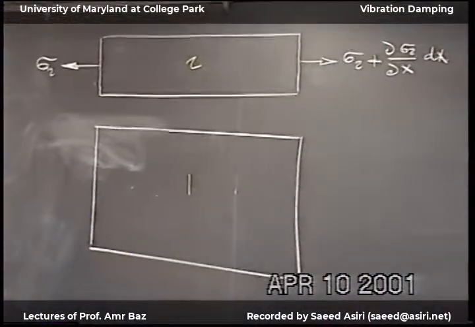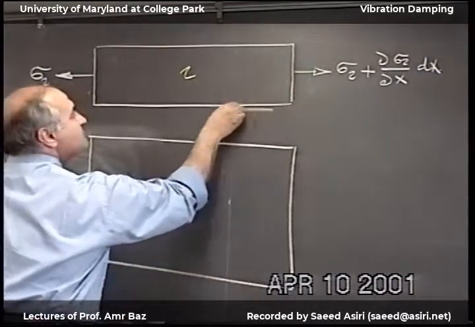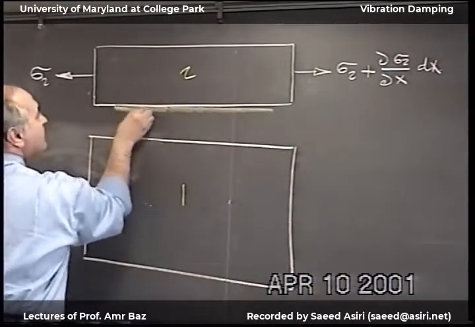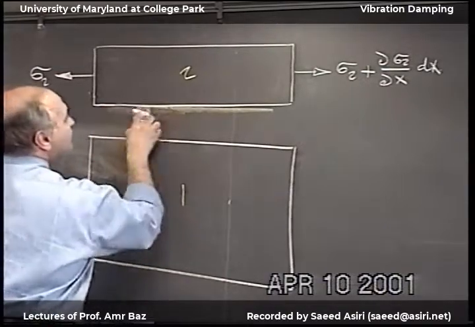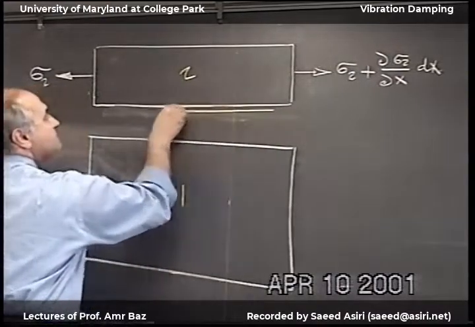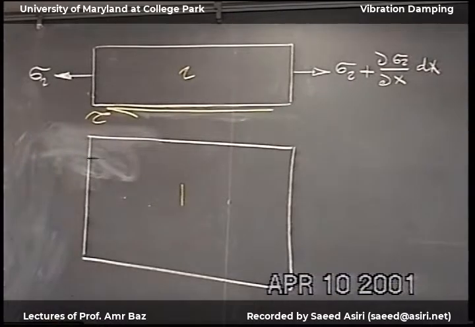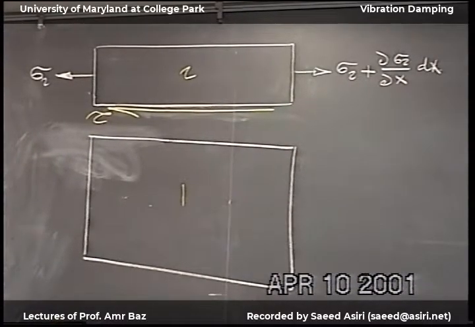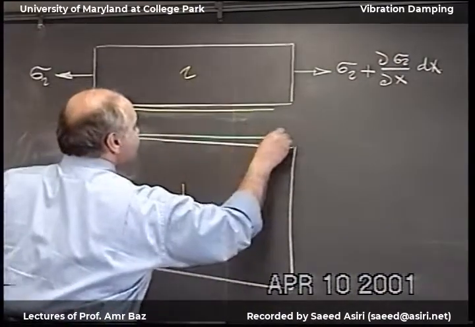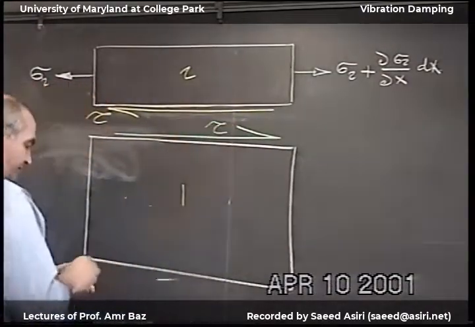So we have stress increasing in the positive x direction, and accordingly we'll have resistance from the viscoelastic material, which is the shear stress, that counterbalances this normal stress. And then we have the counterbalancing shear stress on the viscoelastic layer, equal and opposite.